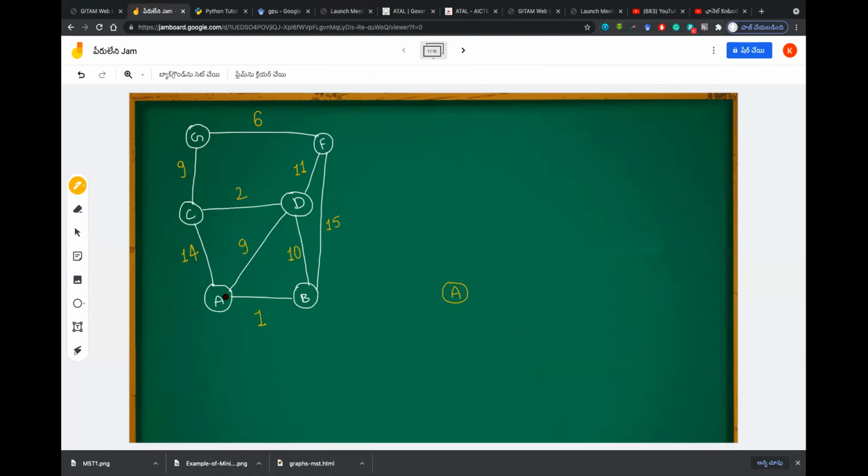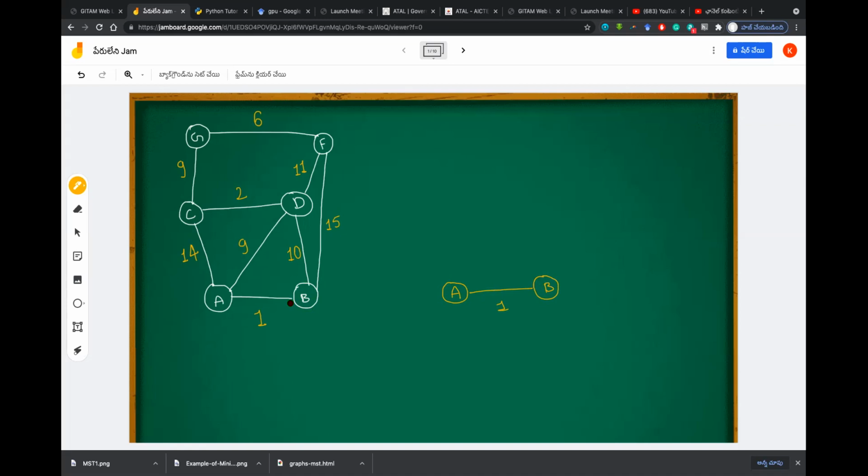From this, I will see what are the edges that are there for A. The edges are 14, 9, and 1. Which one is minimum? 1, sir. 1. And hence I will connect the edge that is 1. Right, finished. And now I am at B.